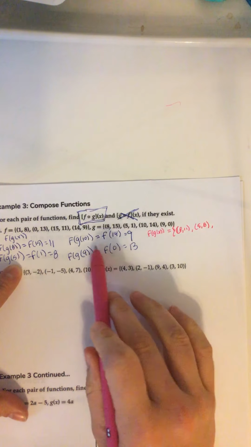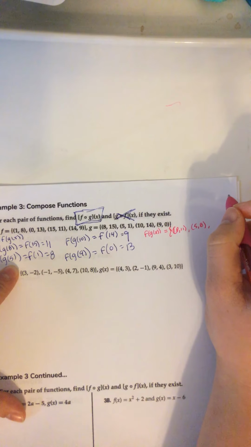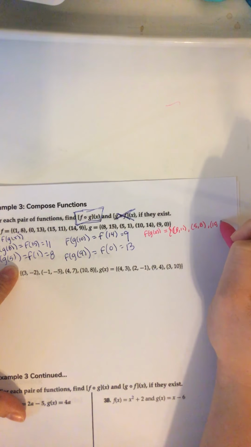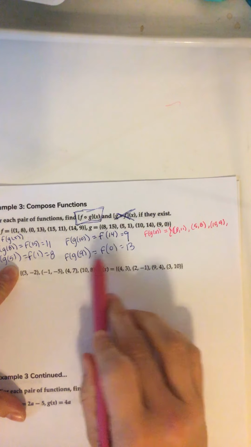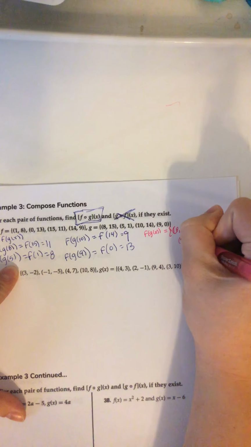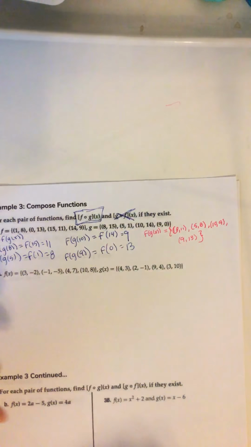We would have 10 comma 9. And we would have 9 comma 13. And this is our other way of combining functions using composition of functions.